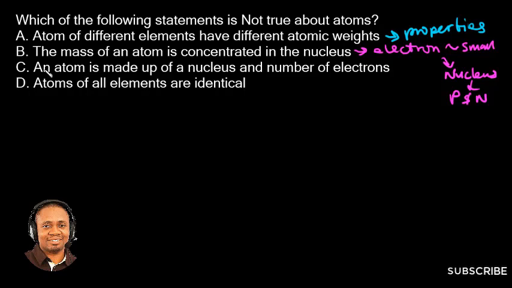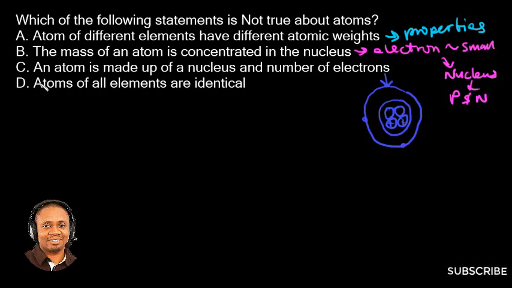Option C, an atom is made up of a nucleus and a number of electrons. This also is absolutely correct. In the nucleus, you'll find the protons and the neutrons, and you will also find the electrons in the outermost shell. So these are the three particles that make up an atom. So this also is correct.